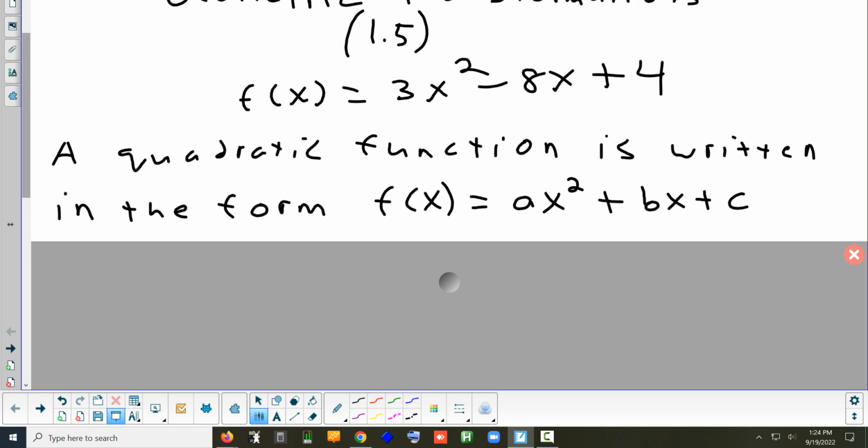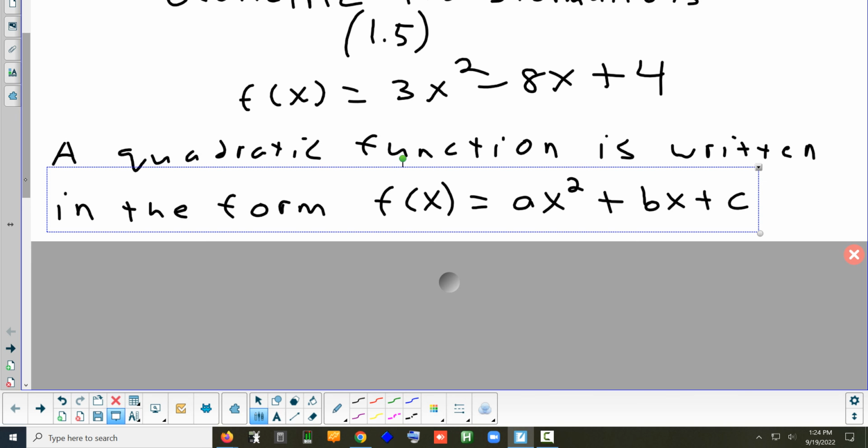Because what would happen if you filled in a 0 for A? Want to have a guess what would happen? Yeah, Dom? It would just be 0 on that. What would turn into 0? Just ax squared. The ax squared, right.